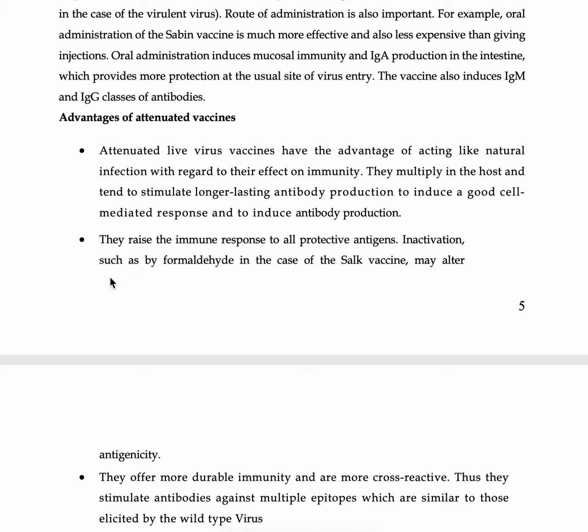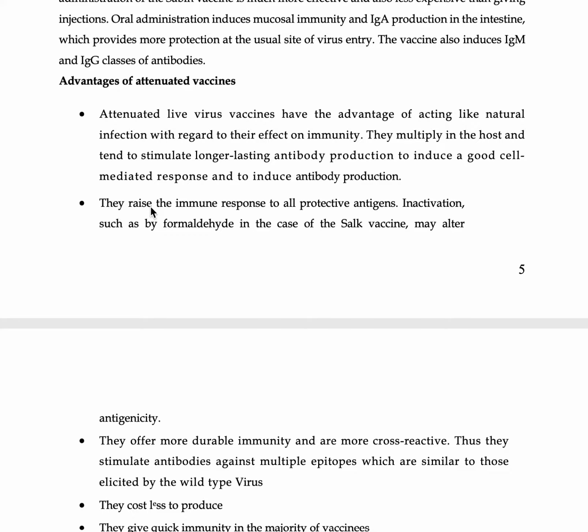They raise the immune response to all protective antigens, because we are using the whole organism, so antibody is produced against all the protective antigens of the pathogen.